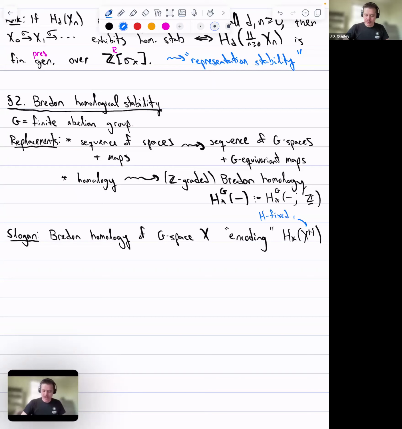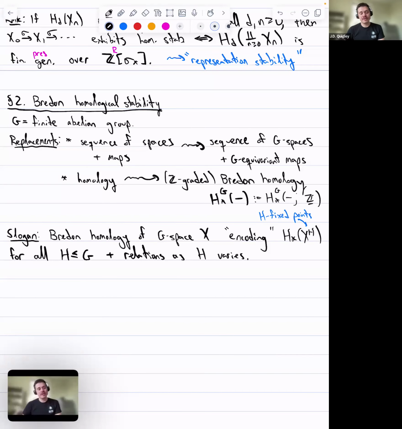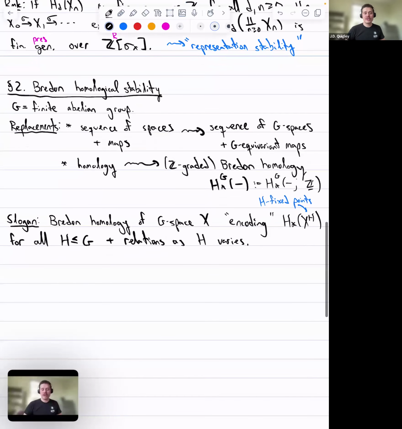And this is a space, so I just mean literally take the fixed points with respect to the H action. Encoding the homology of X^H for all subgroups H in G, plus the relations as H varies. Okay. There's a more careful definition you can give, but then I have to start talking about coefficients. So that's why I want to just stick with this slogan. Any questions or comments so far?